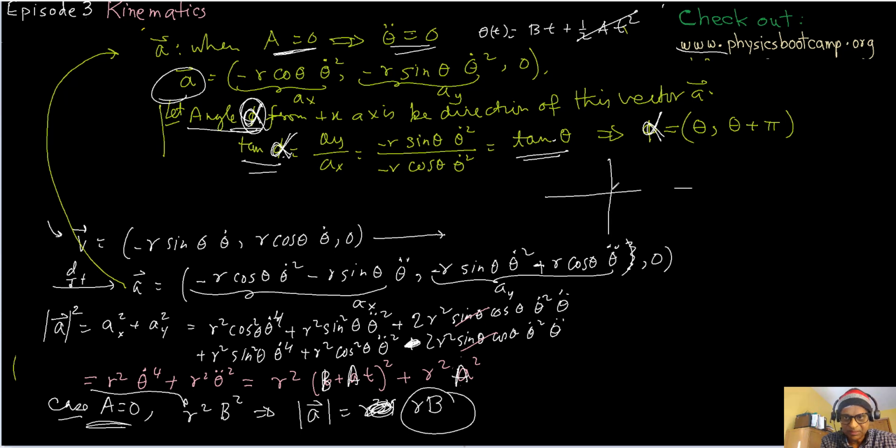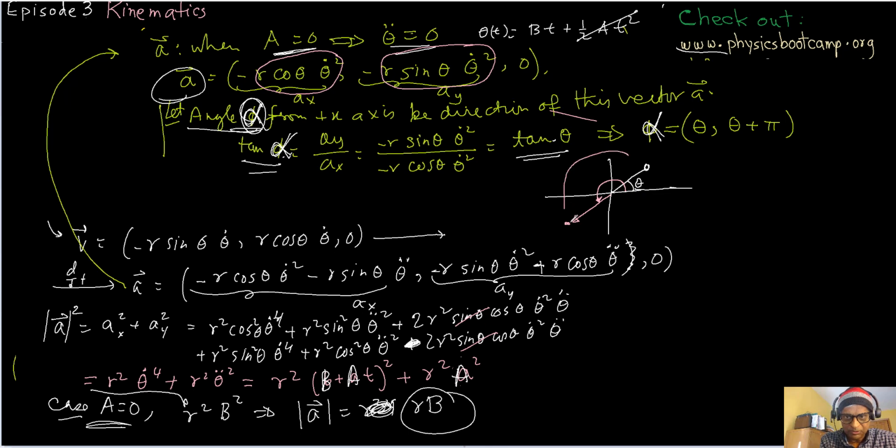Basically what's happening is, if theta is this way, this is where the particle was, this is the theta, then you have to look at, say this is positive and this is positive, then this vector is in this quadrant, actually in that direction. So that's the angle.